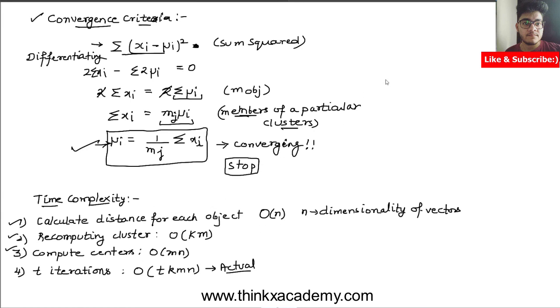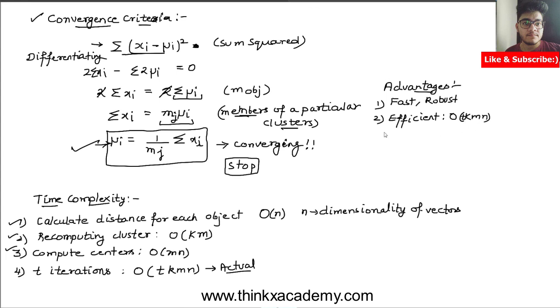Now let's see what are the advantages and some disadvantages of the k-means clustering algorithm. So the advantage is it is fast, it is a robust algorithm, it is a very fast algorithm because it always converges, right? And it converges very fast. It is also relatively efficient, and we know that the time complexity is big O of k, m, n, and for t iterations, right?